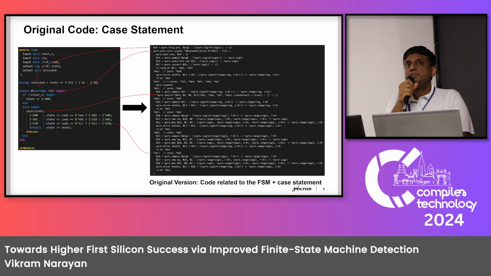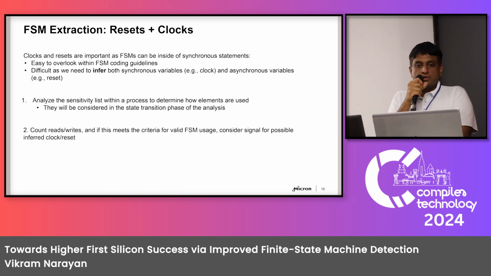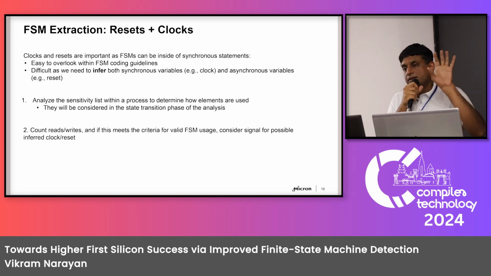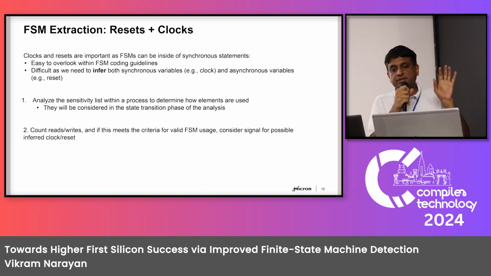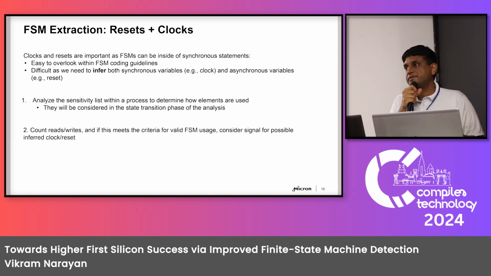And once the truth table is not there, redundant logic, or a race condition or deadlock, such kinds of identification are not even possible. So once you have the representation, the second part is the extraction of the FSM.